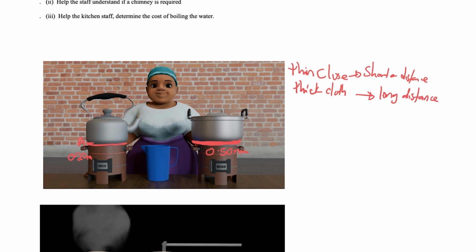Now, the same will apply to our saucepans. We have A, which is 0.20, and B, which is 0.5 millimeters.